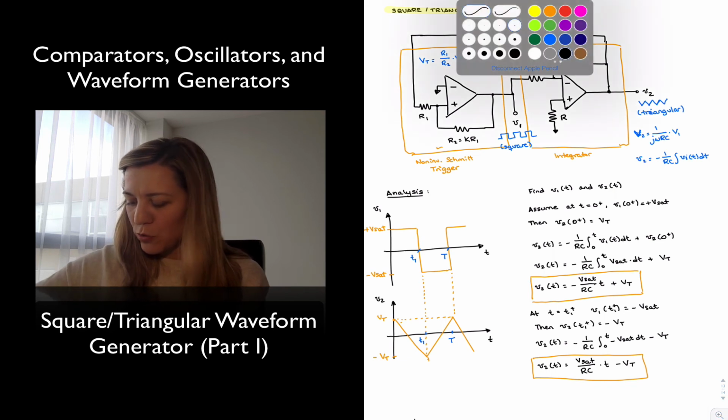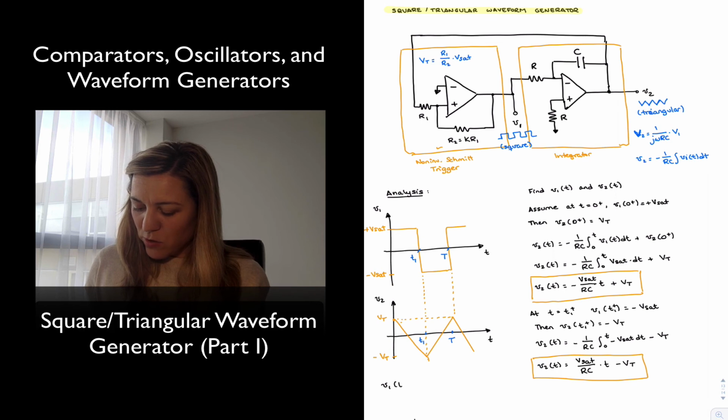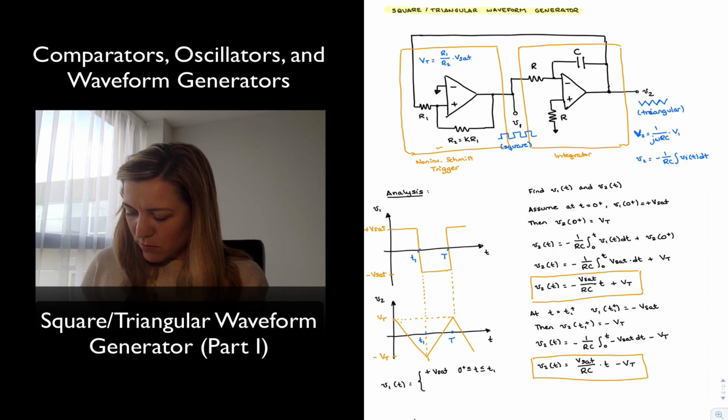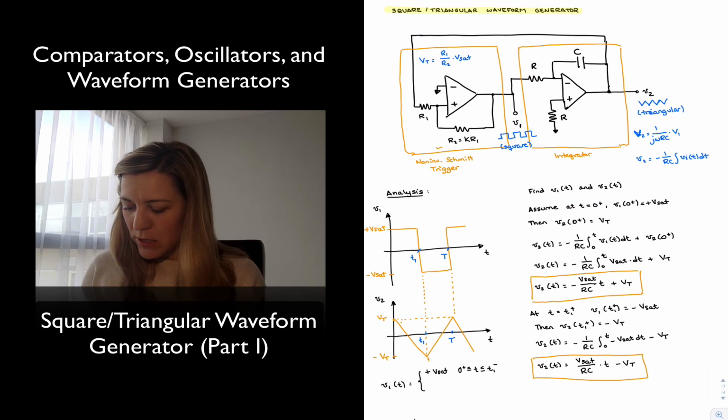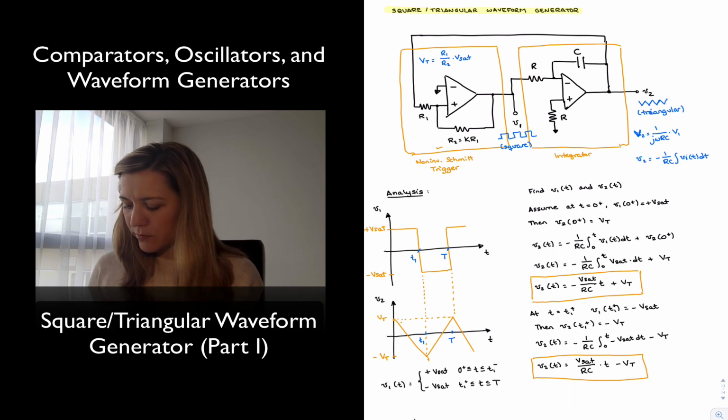So if I wanted to put all of this together and just write down the equations, I will then represent my square waveform V1 of t as equal to positive Vsat between 0 plus and t1 minus, and negative Vsat between t1 plus and my period.